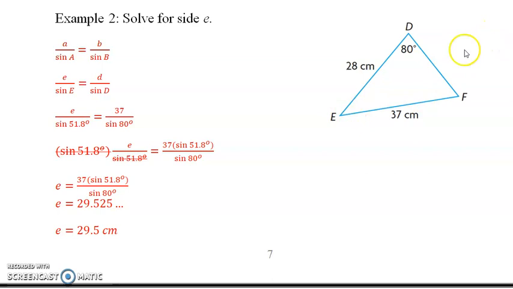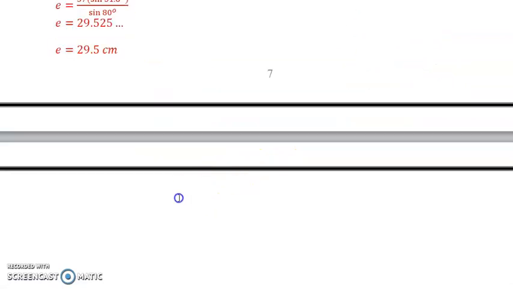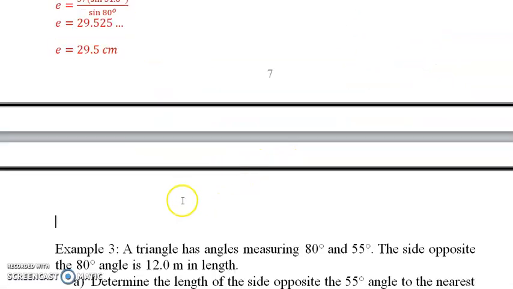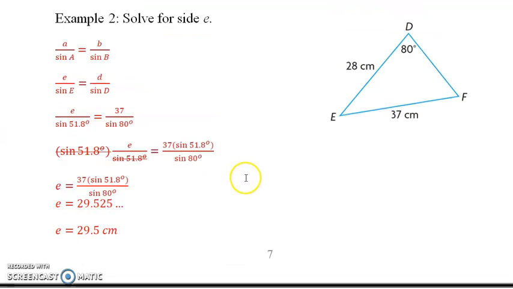And then we have 29.5, which is the middle length, right? That was with the smallest angle, 51.8. So all of the answers make sense. It's nice just to take a look to make sure my answer is reasonable, is what we're looking for, right? That's the goal. So yes, our answers are reasonable.